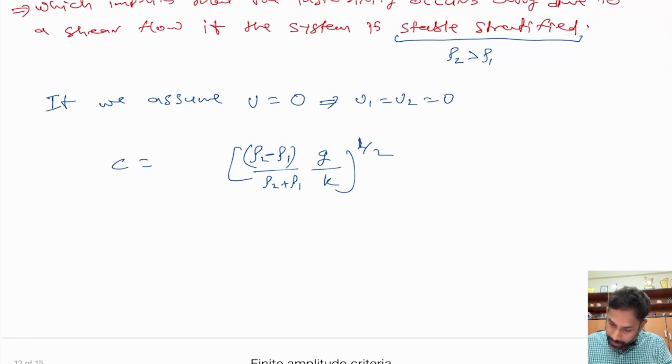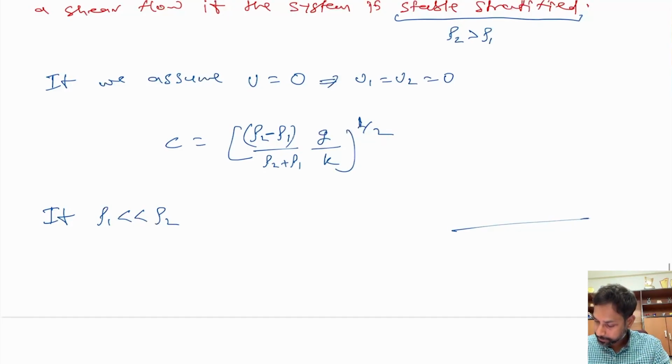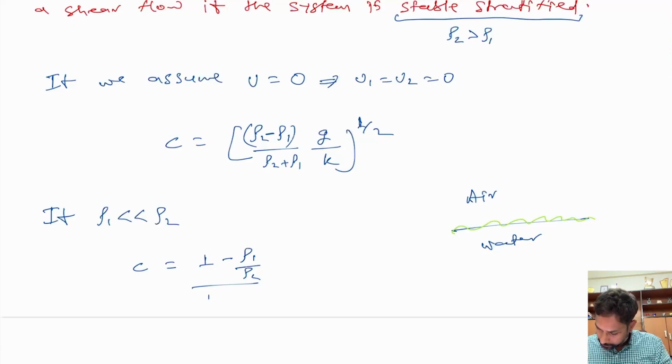And for the case that we have considered before, if rho 1 is much smaller than rho 2, as we did for the wave in the previous case, when we have water and this is air and there is a wave, the surface wave that we analyzed before, what we get here is C equal to ((1 minus rho 1 by rho 2) over (1 plus rho 1 by rho 2)) g over k to the power 1 by 2.